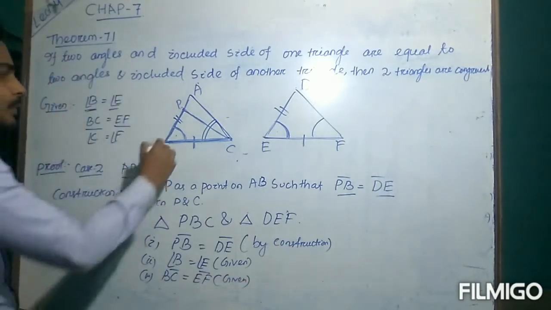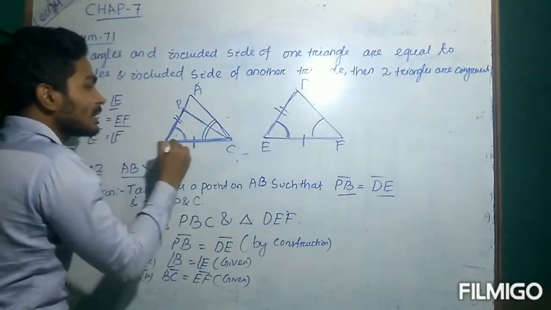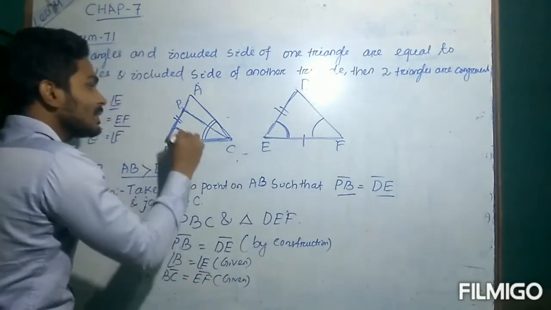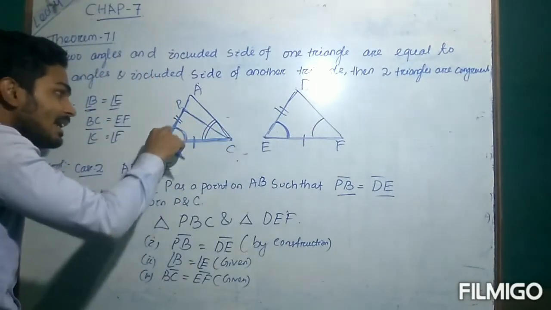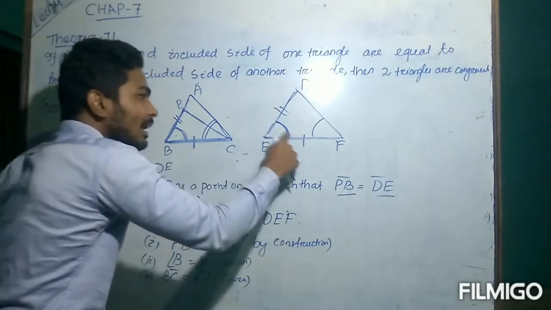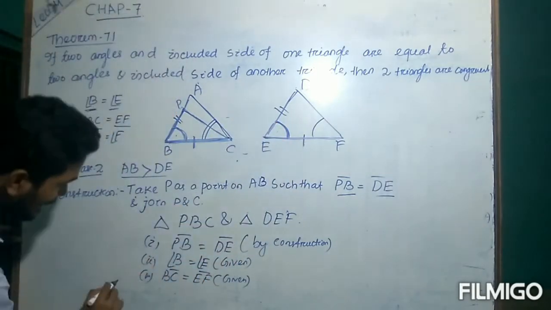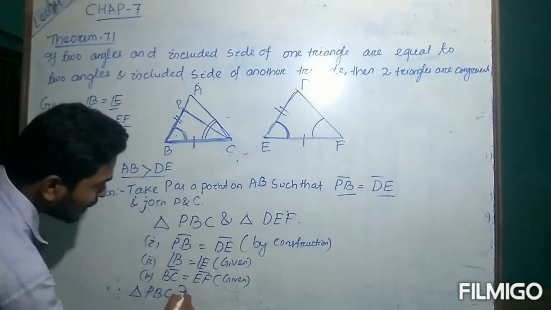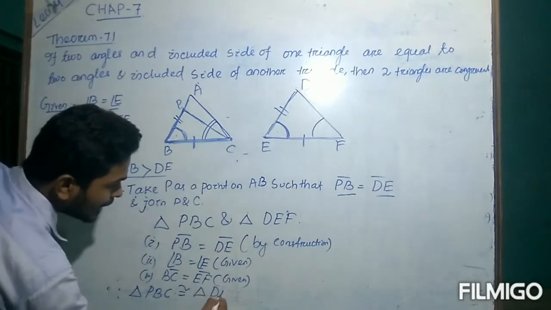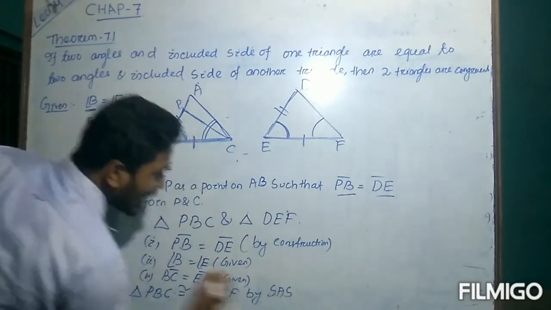Now you can see among these two triangles, this side is equal to this side, this side is equal to this side, this angle is equal to this angle. It means by side angle side, the two triangles will be congruent. So we can write that the triangle PBC is congruent to the triangle DEF by SAS.